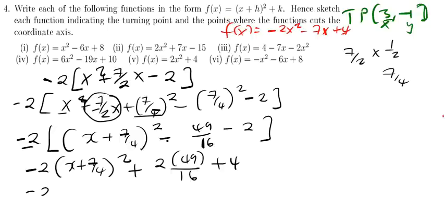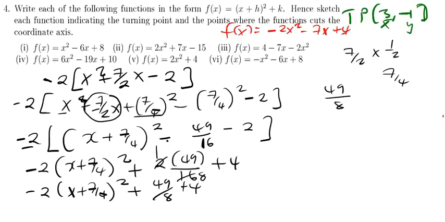I'll keep on bringing this x plus 7 over 4 raised to the power 2. 2 there, 1, 2 here, 8. Then I'll have 49 over 8 plus 4. But again I have to simplify.